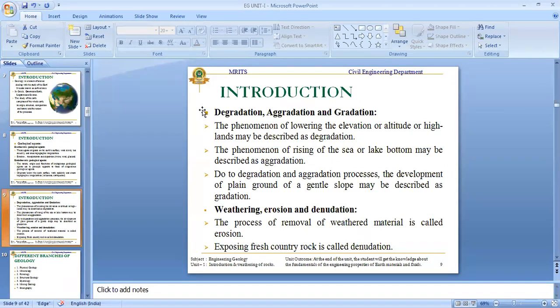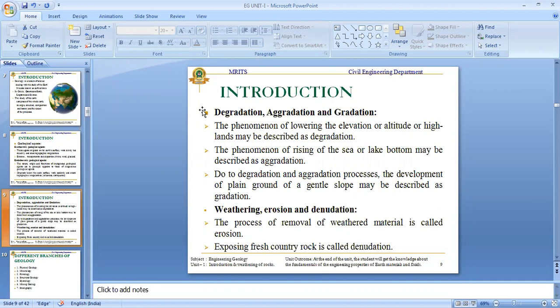These are going to make some deposition on the earth surface, so that deposited land, the newly created land, is called aggradation. And gradation means a gentle slope is created on particular hilly areas. So that creation of gentle slope on the hilly areas is called the gradation process.